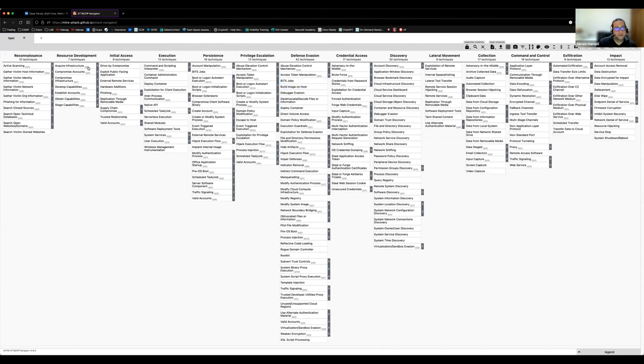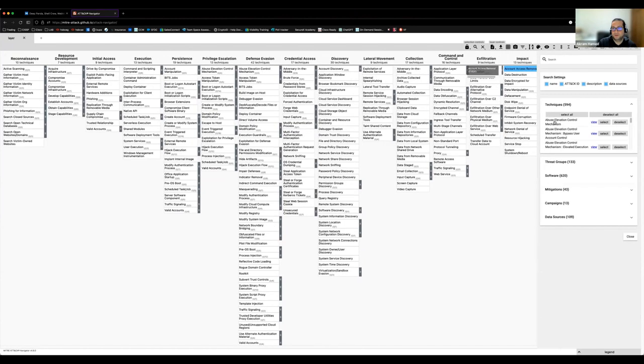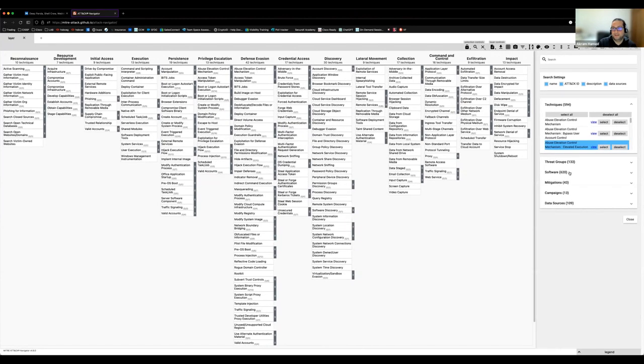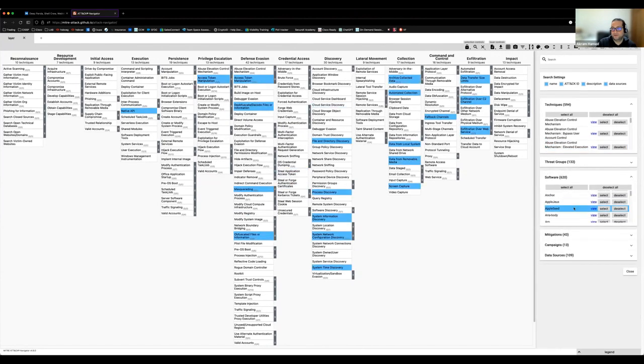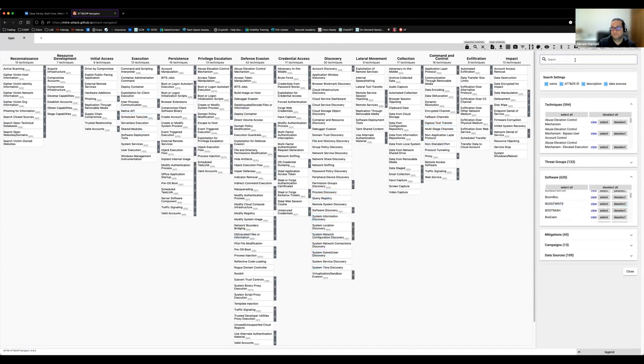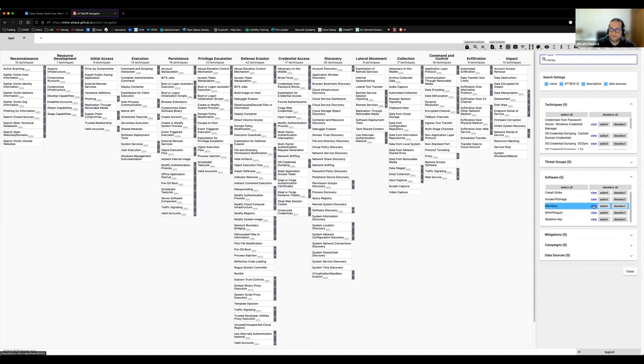So once you go there, it will show you the whole tactics and techniques, but then you have your own options to choose and play with those. Basically, you have a search bar on the left-hand side here. Let's say a specific software, like if we search here Mimikatz, for example, which I told you can be used for stealing passwords.